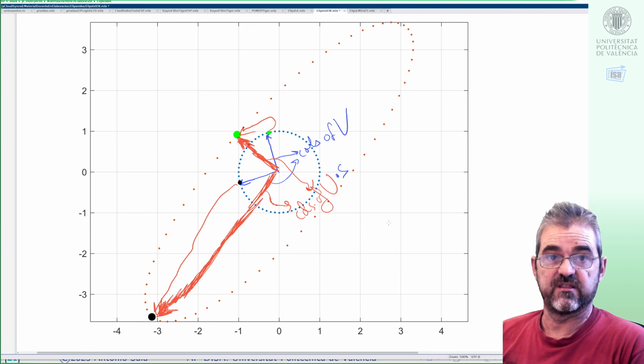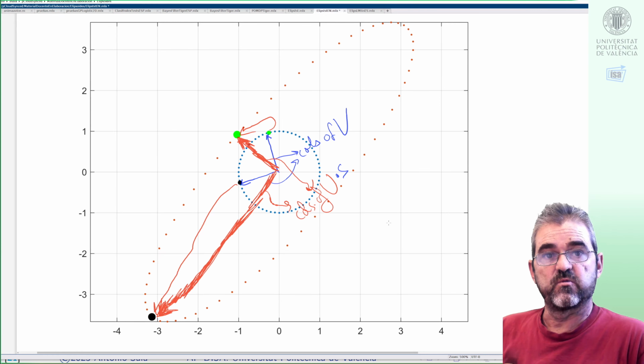So we end the video here, summarizing. In this video, we have discussed the relationship of the singular value decomposition of the matrix L, arbitrary, not necessarily symmetric, with the shape of the ellipse that is generated when the points in a sphere are multiplied by that matrix L. We end the video here. Thanks for watching.